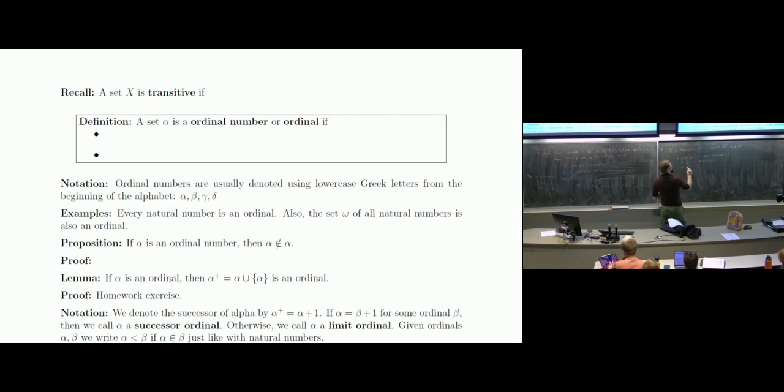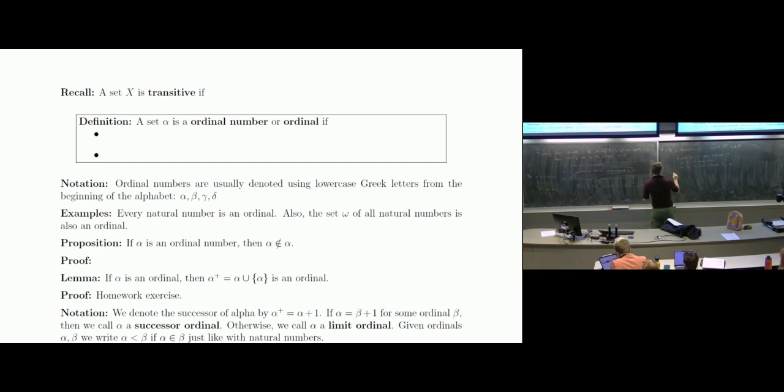Transitive, and 2, alpha is well ordered by the element relation. Okay. So we've actually already built a bunch of different ordinals. We've even observed that they have this property.